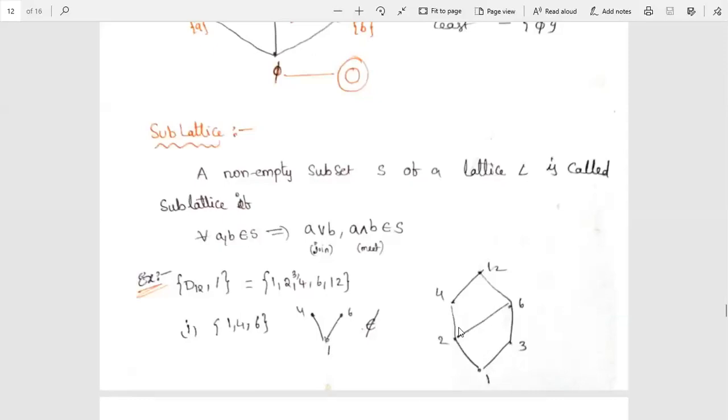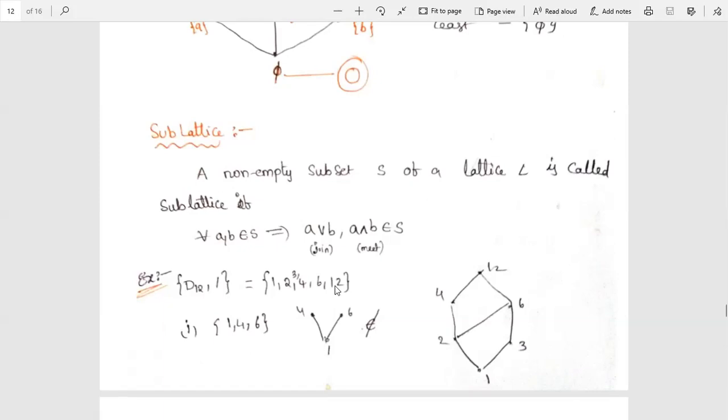One is related to 2, so 2 is connected to 1. 3 is not divisible by 2, but 3 is divisible by 1, so 3 is directly connected to 1. 4 is divisible by 1 and 2, so 4 is connected in the path of 1 to 2 to 4. 6 is divisible by 1, 2, 3, so 6 is connected to 2 and 3, with paths 1, 2, 6 and 1, 3, 6.